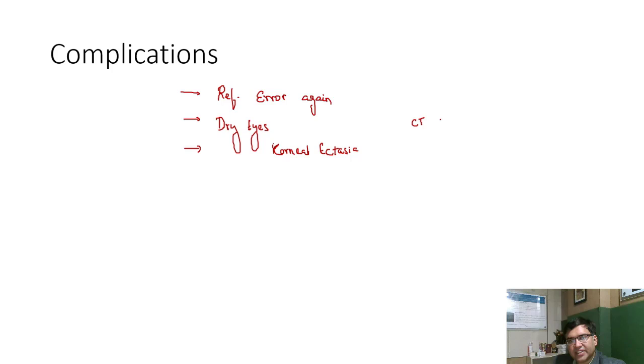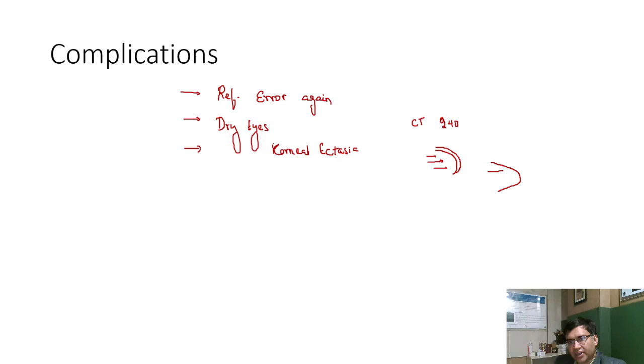So this is a thin cornea left after a refractive surgery. So there would be a pressure that is coming from inside of the eyeball. So what this does is it can basically cause an ectatic cornea. Okay, this is called corneal ectasia.